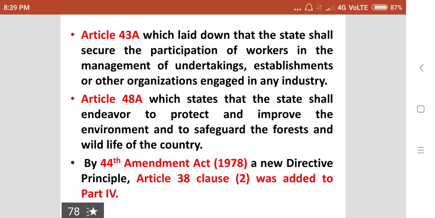Article 48A, which states that the state shall endeavor to protect and improve the environment and to safeguard the forests and wildlife of the country. By 44th Amendment Act 1978, a new directive principle, Article 38, Clause 2, was added to Part 4.